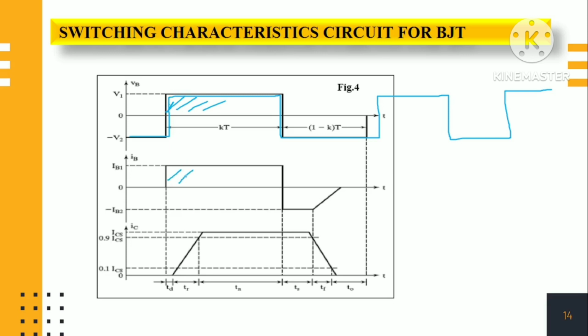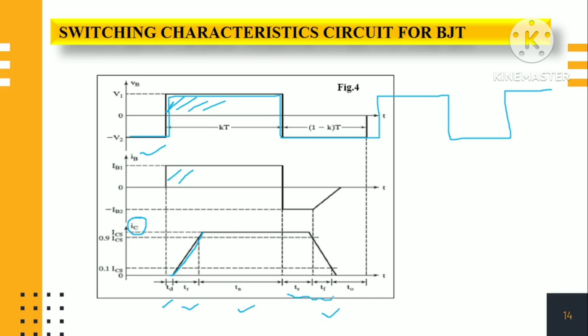When the base current flows, the collector current also increases correspondingly, following a linear curve. We have different terms: delay time, rise time, Tn, which is the conduction time, and Tf, which is the fall time.